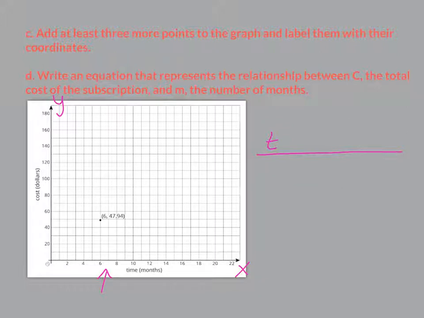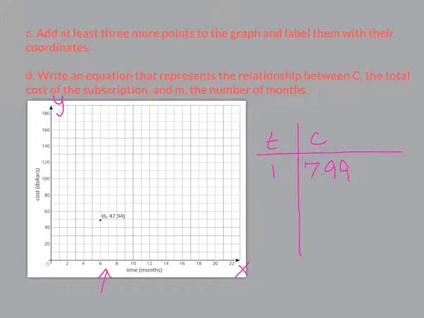So in this case, I'm just going to go, like they've already given us the 6, so I already know that 1. Time and then the cost, so we'll make that c. I already know that 1 is $7.99 because that's my constant of proportionality. Remember, in this case, t divided by c.